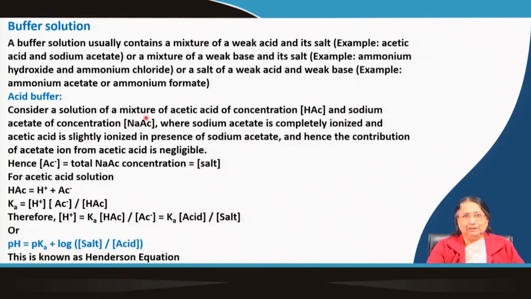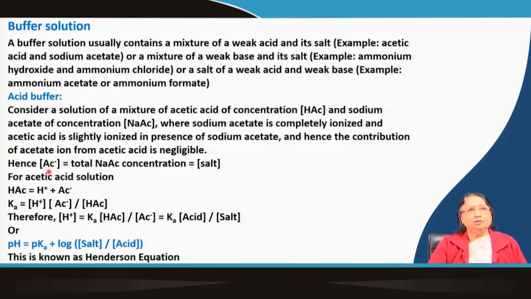We know that a salt is completely ionized, whether it is a salt of a strong acid and weak base or a weak acid and strong base. So, sodium acetate will be completely ionized and acetic acid, which is a weak acid, will be partially ionized. Then we can see what will happen.